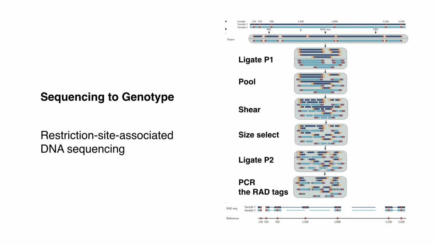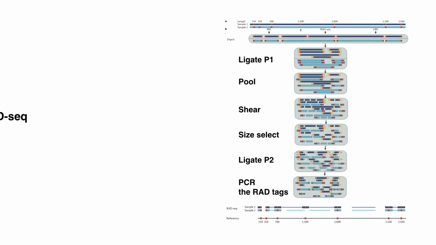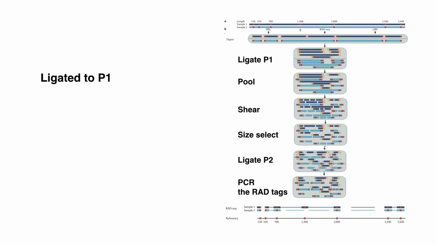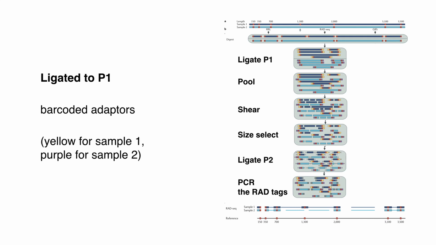In RAD-seq, or restriction site associated DNA sequencing, after the digestion step, fragments are ligated to P1 barcoded adapters. These will separate between samples, which are either individuals or populations, here shown in yellow for sample 1 and purple for sample 2.